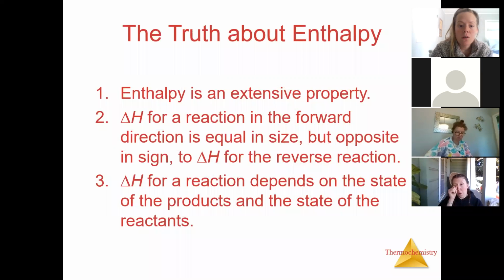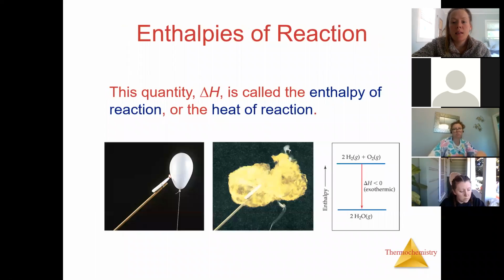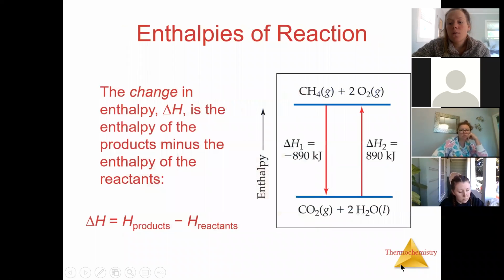Delta H for a reaction in the forward direction is going to be equal in size but opposite in sign to the delta H for the reverse reaction. We could see that on the previous slide.